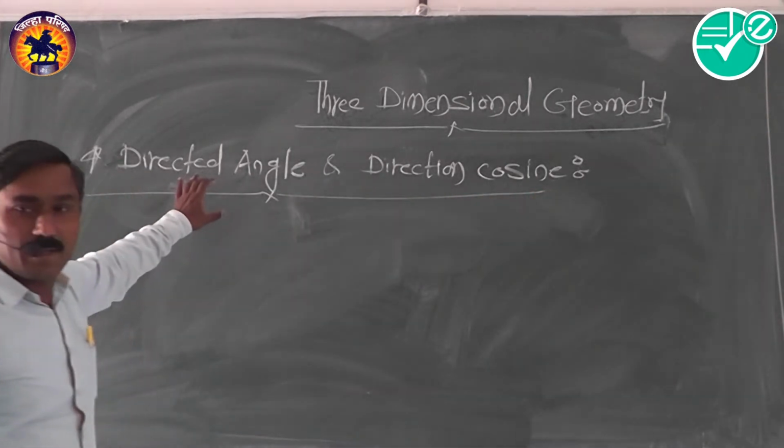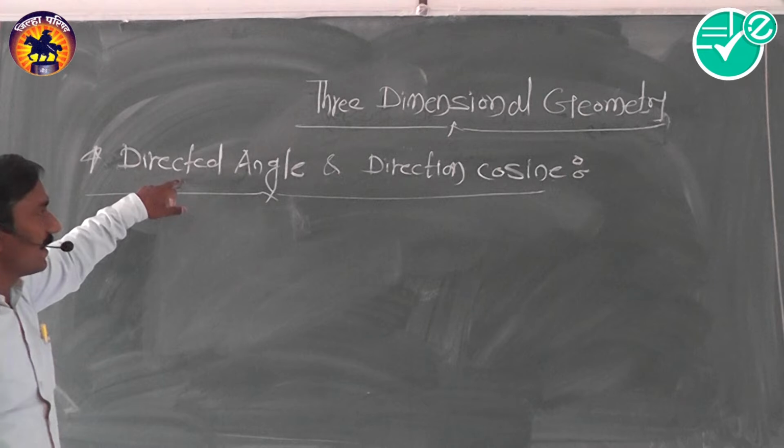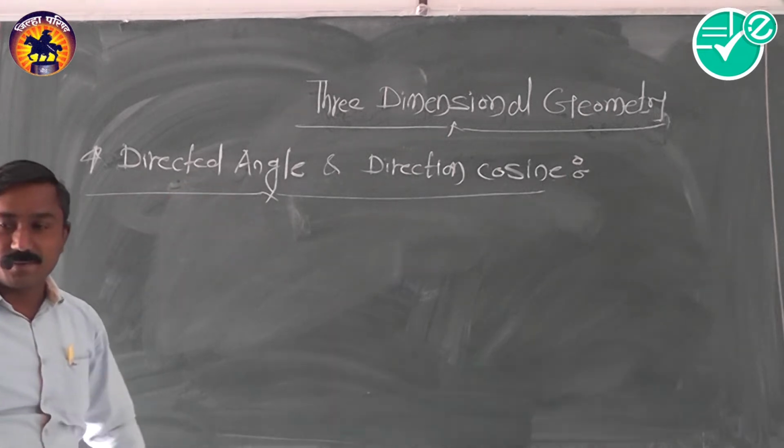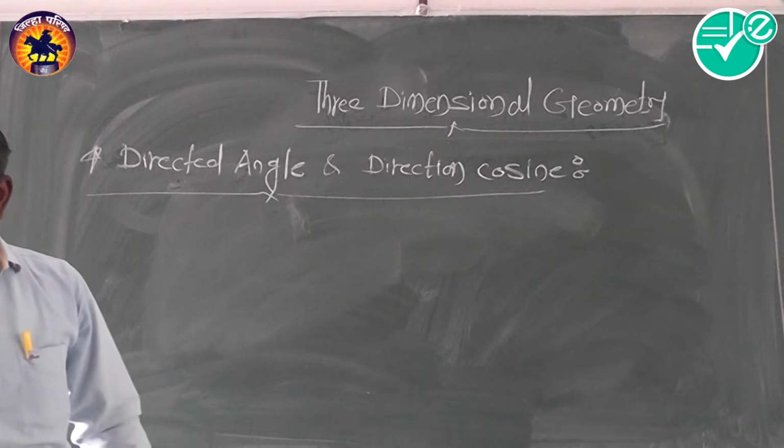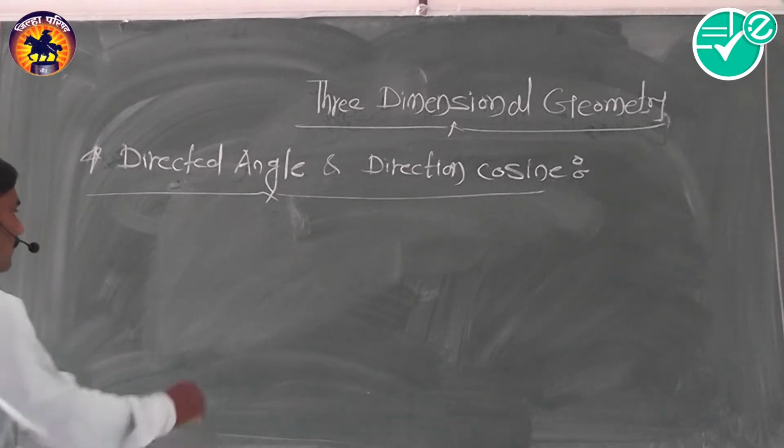First we clear these definitions, directed angle and direction cosine. So for that we draw a figure.